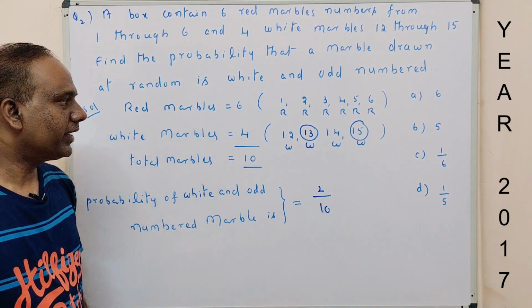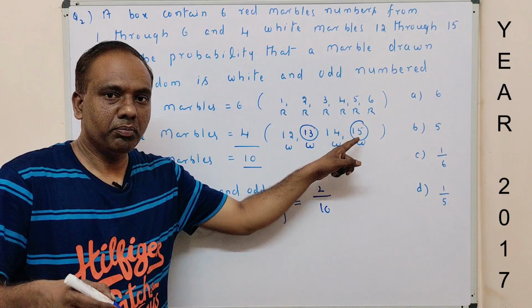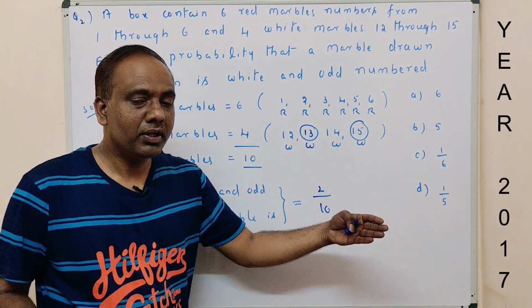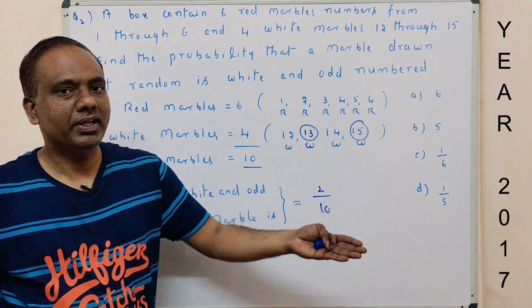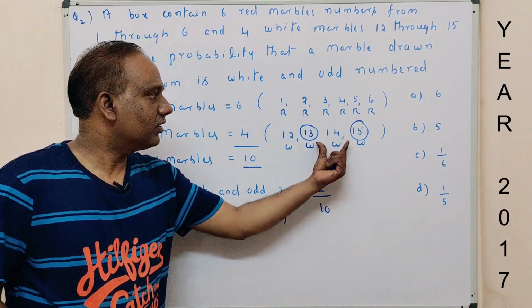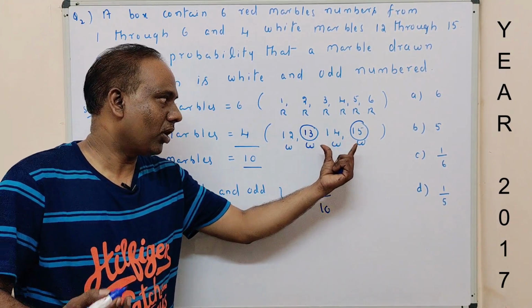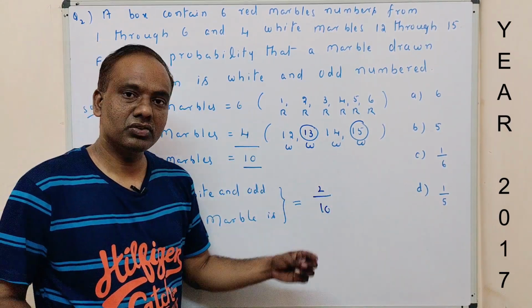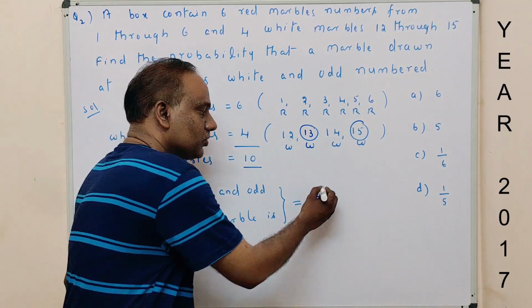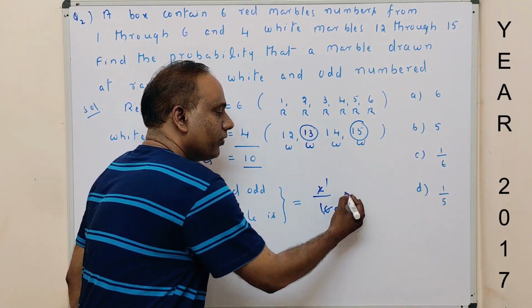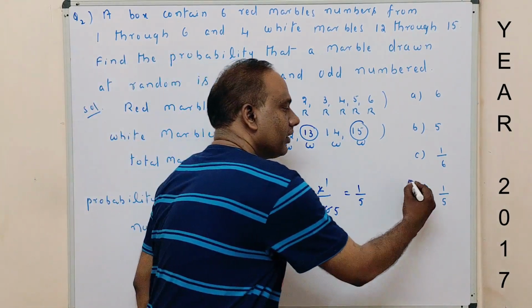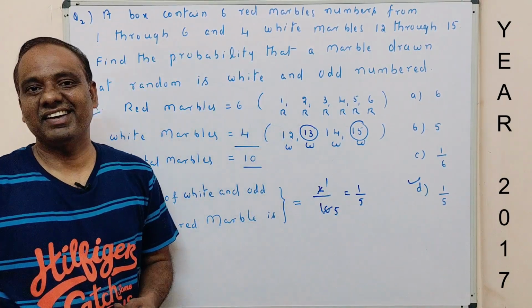The probability formula is number of favorable cases by total number of cases. So here two white odd number marbles is 2 and the total number of marbles is 10. So here we can cancel now. That is 2 fives are 10, so the answer is 1 by 5, which is the correct answer.